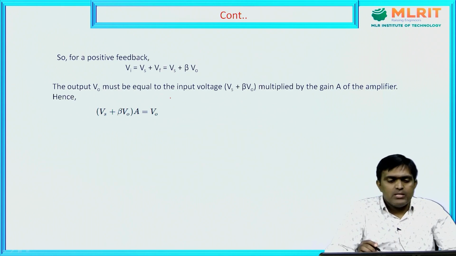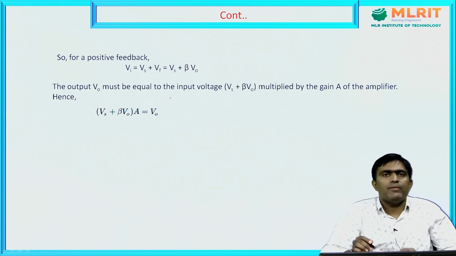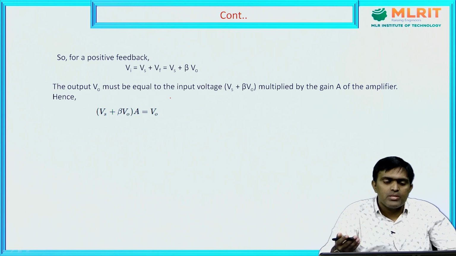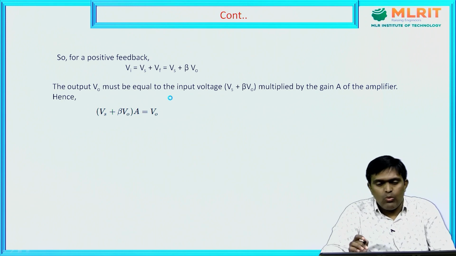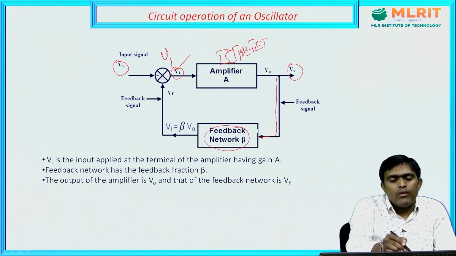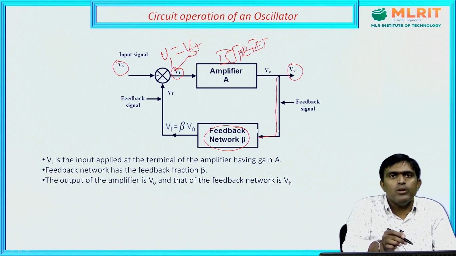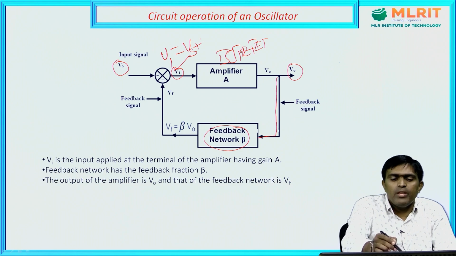As we have seen, for the oscillator, what type of feedback are we using? We are using positive feedback. So what is the input Vi? Vi is made up of Vs, the actual input, and the feedback voltage Vf.